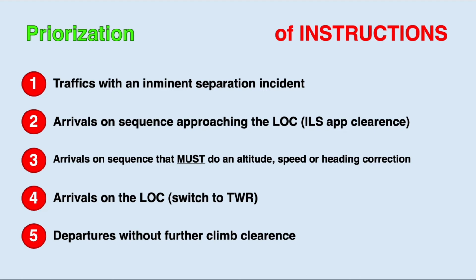So when the traffic is climbing to the initial climb altitude, you need to give them a further climb clearance. Otherwise, they're going to fly at the same altitude until you give them the instruction. That means that after all those four priorities, the fifth priority is giving a further climb clearance to the departure traffics.